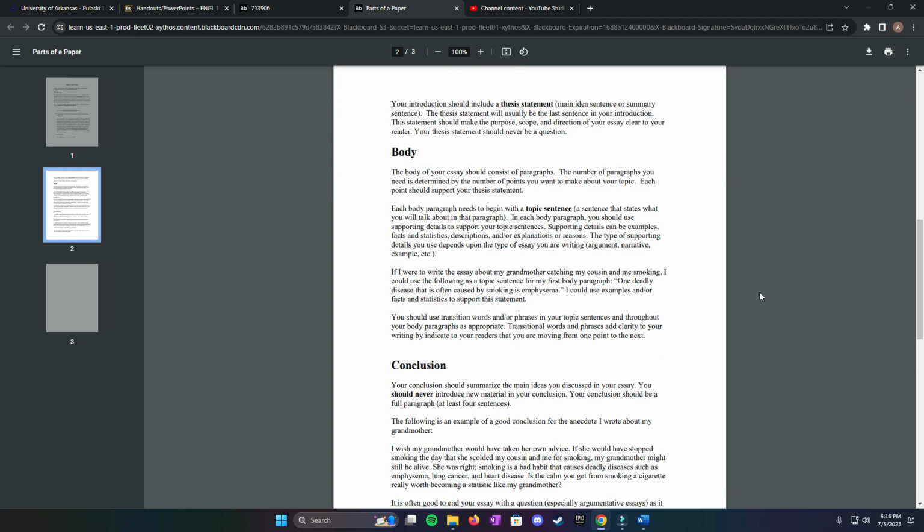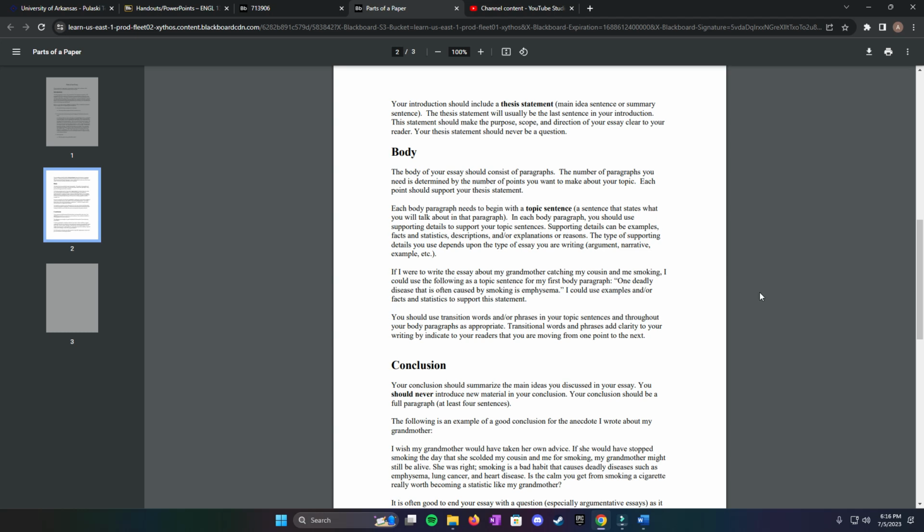The body of your essay is going to consist of at least 3 paragraphs. The number you need is determined by the number of points you want to make about your topic, but in general, you're going to have about 3. Each point that you talk about in your body paragraph is going to support your thesis statement. Each body paragraph begins with a topic sentence, which we will talk about later.